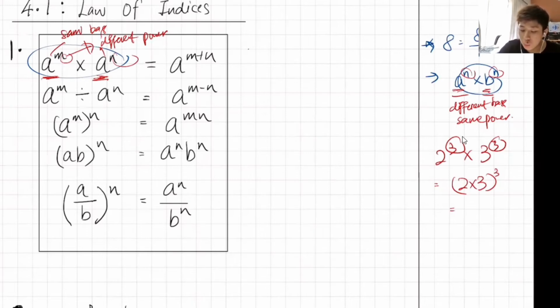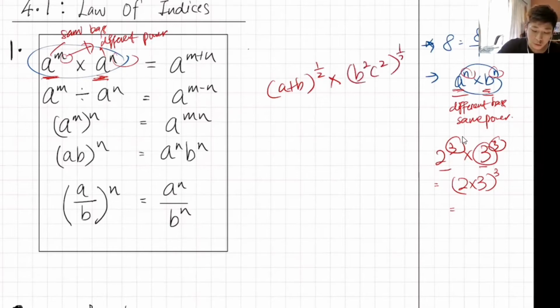As long as you're in the same world, you can multiply the stuff in the world. For example, if I have a plus b to the power of half, times, it must be times again, I emphasize this again, must be times, b squared c squared to the power of half. Can I multiply these two things together?